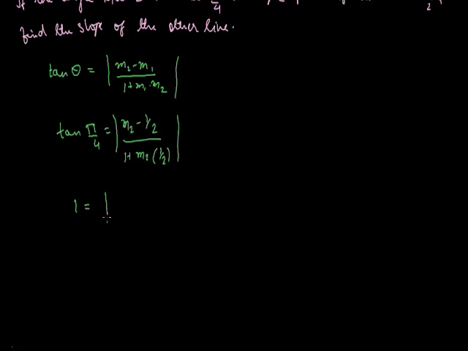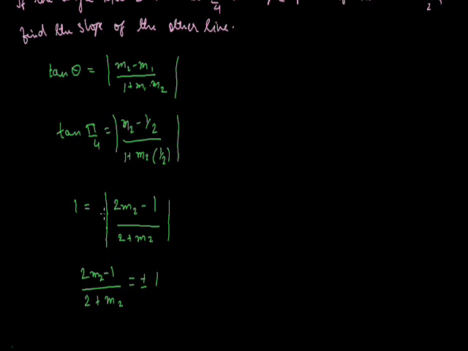So we shall have twice of m2 minus 1 upon 2 plus m2 will fetch me the value 1. So since it is a mod, we can say that 2m2 minus 1 upon 2 plus m2 is equal to plus or minus 1.